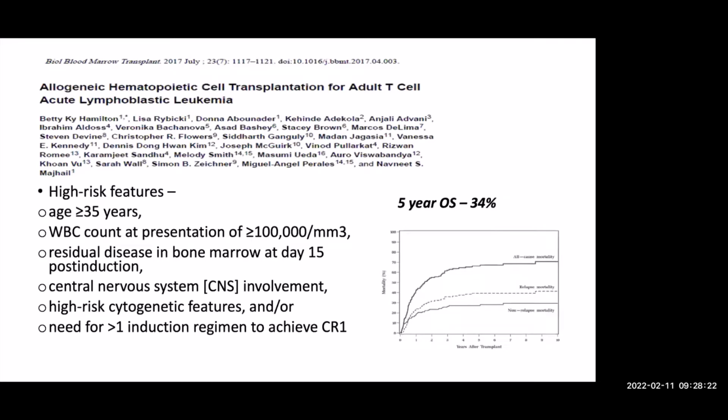Coming to the adult T-ALL studies, patients who have high risk features as mentioned here, that is age more than 35 years, white cell count at presentation more than 1 lakh, presence of residual bone marrow disease at day 15, baseline CNS involvement, high risk cytogenetics, and lack of CR, have inferior outcomes if continued with conventional chemotherapy, with 5-year overall survival ranging from 20 to 30%.